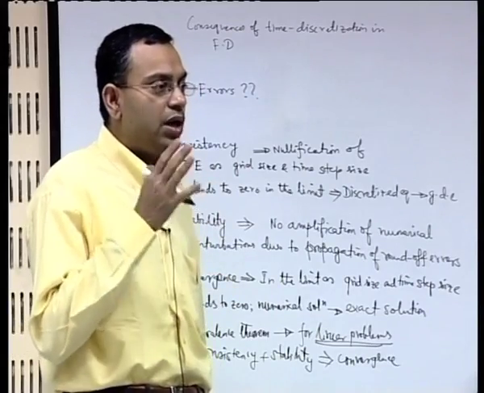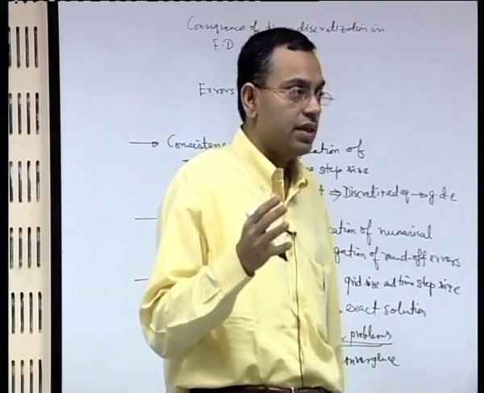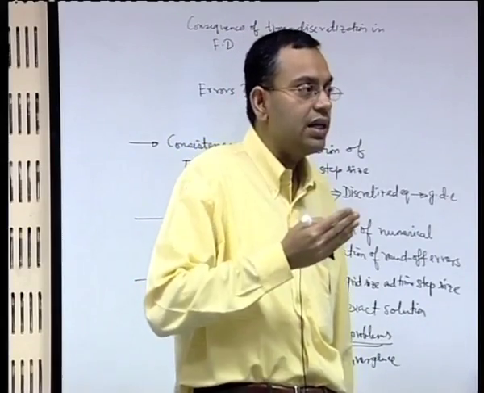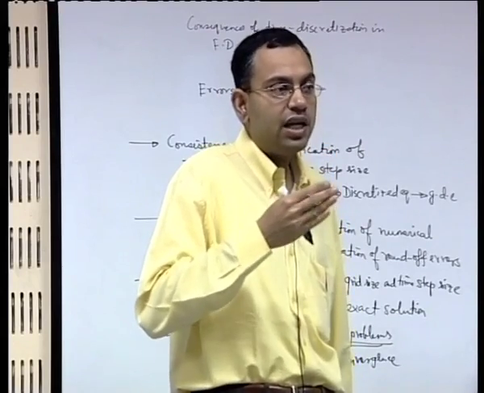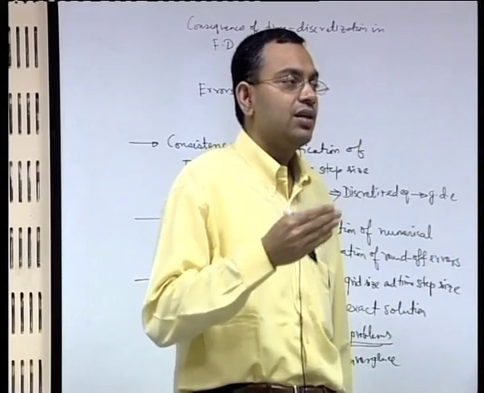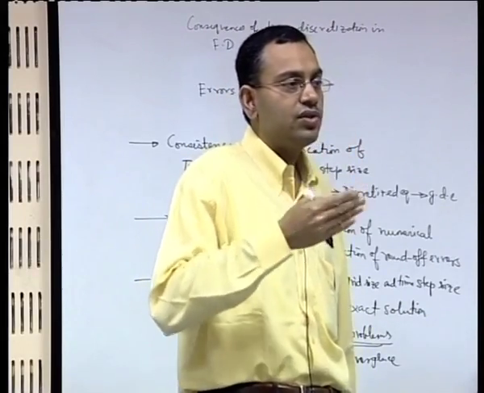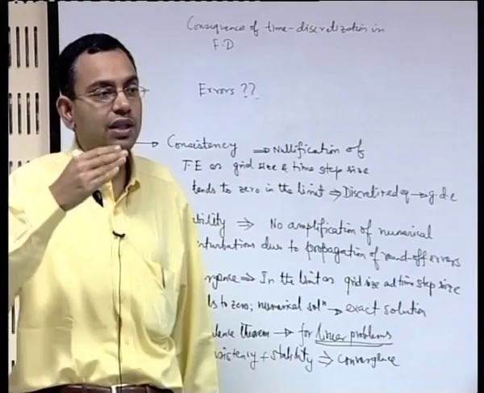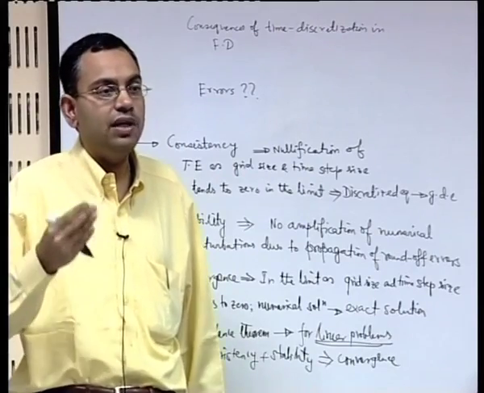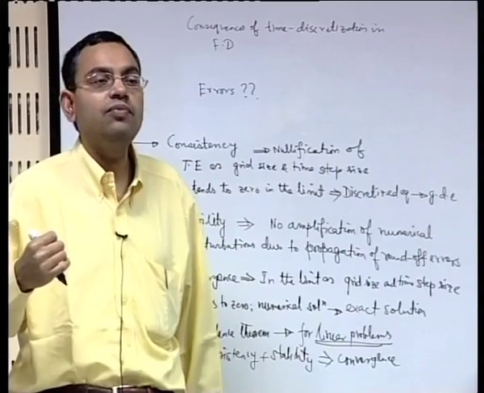We test the problem with a particular grid size and time step, then we go on reducing the grid size and reducing the time step, and we come to a stage when we see that even if you reduce the size of the grid, even if you reduce the size of the time step, that is, further refinement of the grid and refinement of the time step, the solution does not get refined anymore.